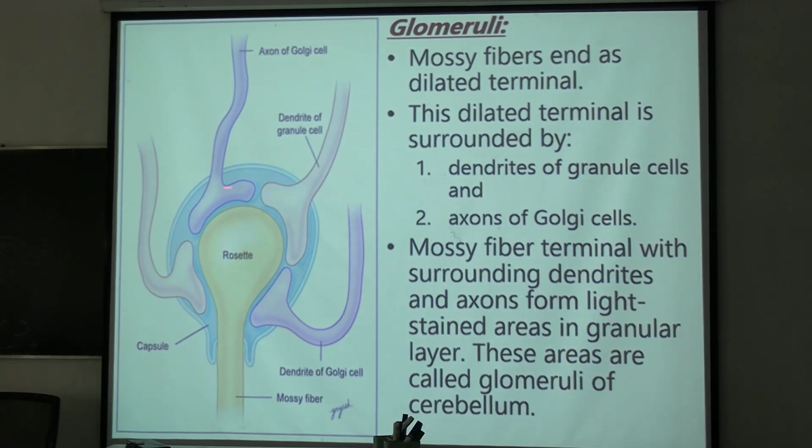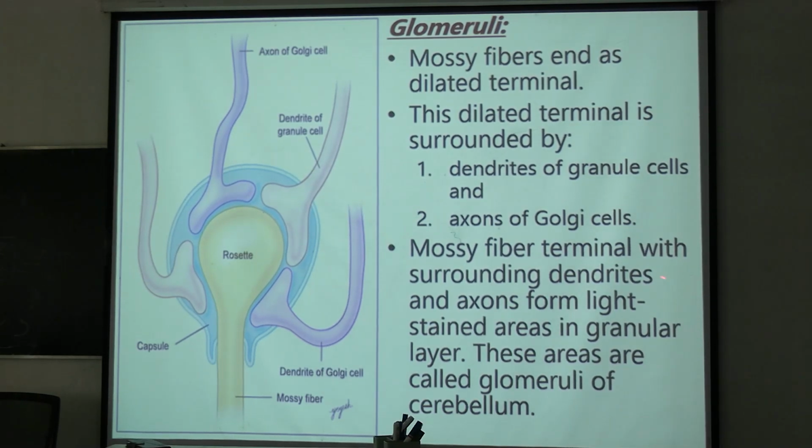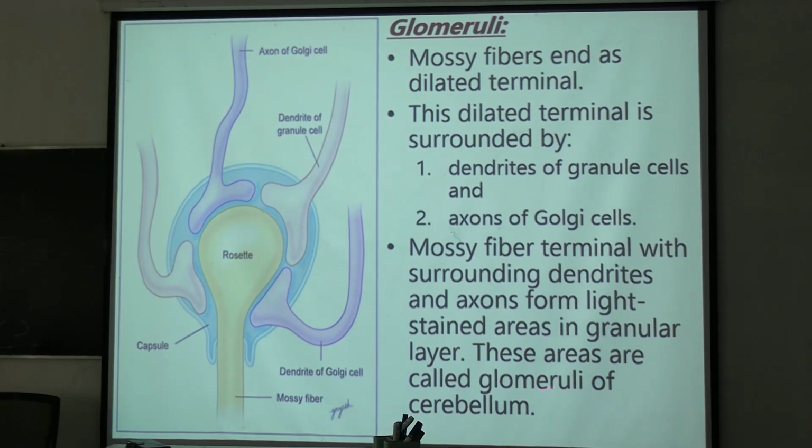This is the axon of the Golgi cells. Okay, they are together forming the glomeruli. This mossy fiber terminal with surrounding dendrites and axons forms the light stained area in the granular layer, and these areas are called glomeruli of the cerebellum. Okay, so that's how glomeruli is formed.